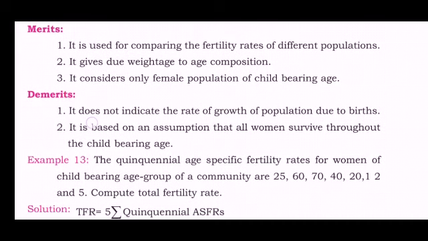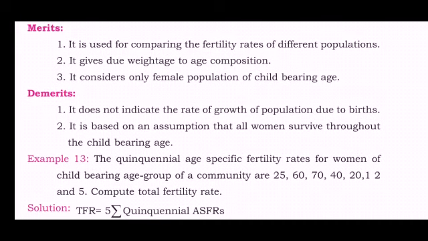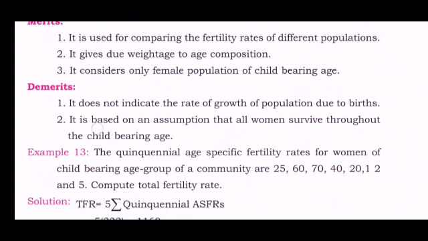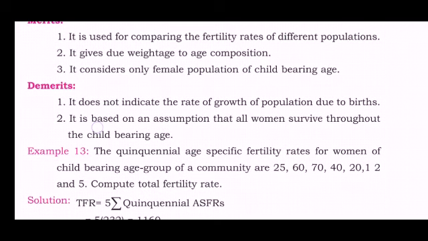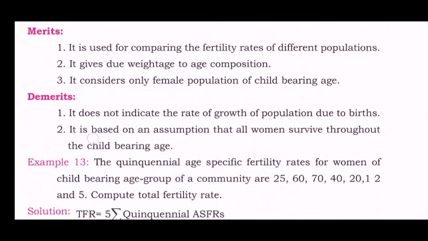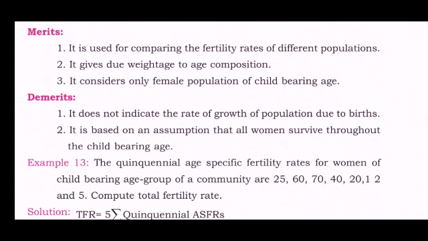So don't make a mistake by writing that it is easy to calculate. Here that is not the case. Here we calculate first ASFR, then we take the sum total of those ASFRs, then we get it. It is not that easy. So don't lose marks in exams by writing that.